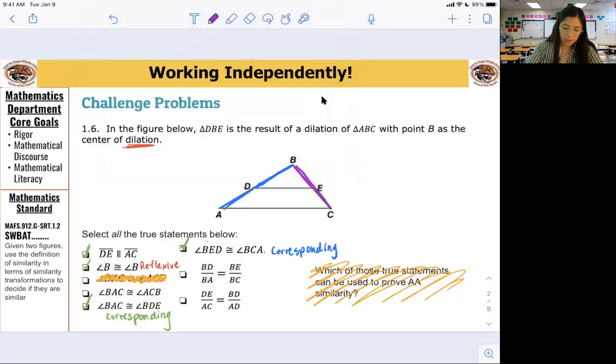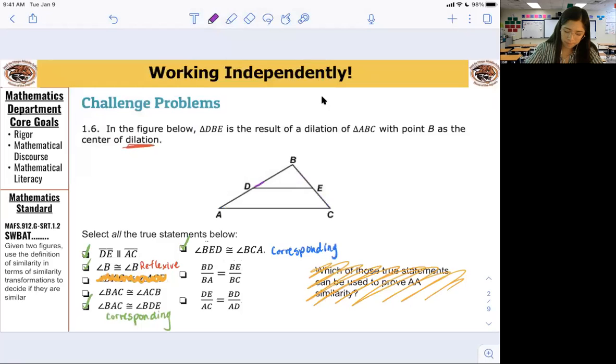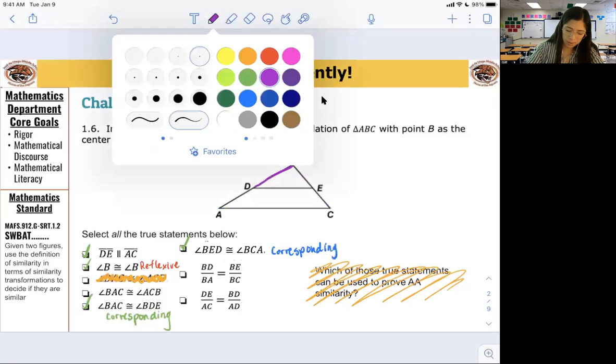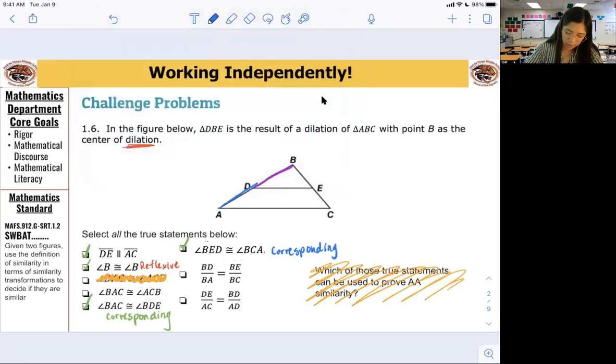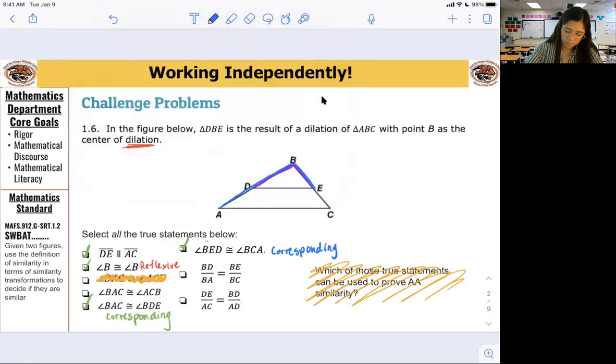So in other words, what are they doing there? I'll color code it a little bit better. BD over BA, and then BE over BC. What's that called? Or what are they showing?